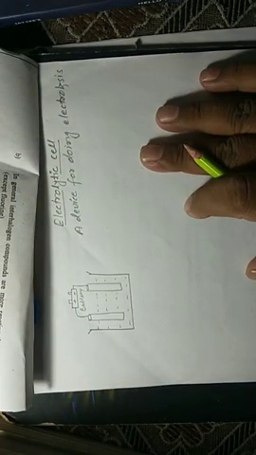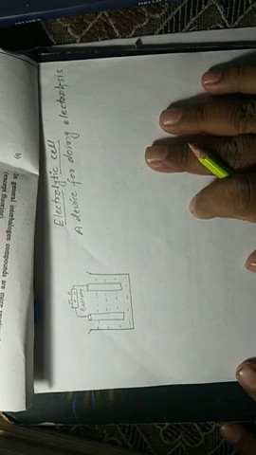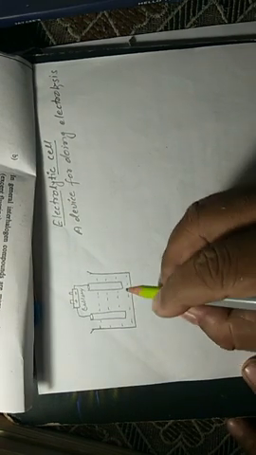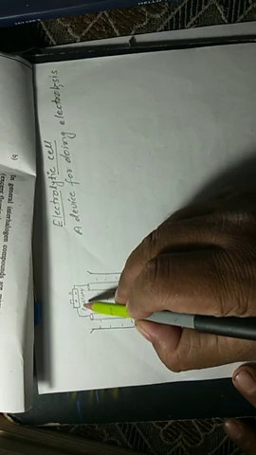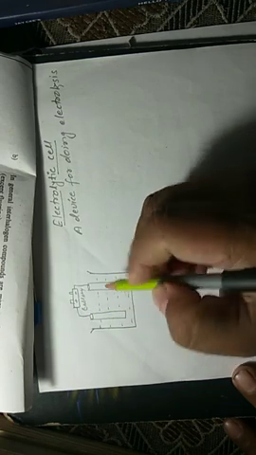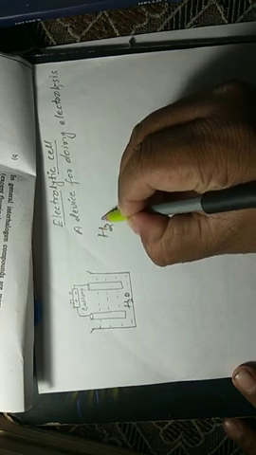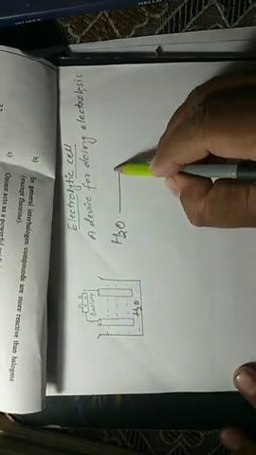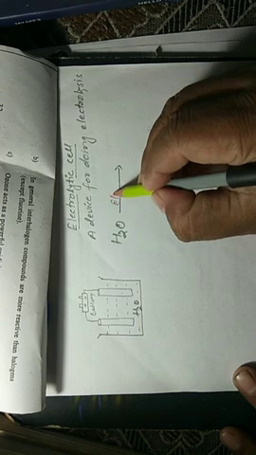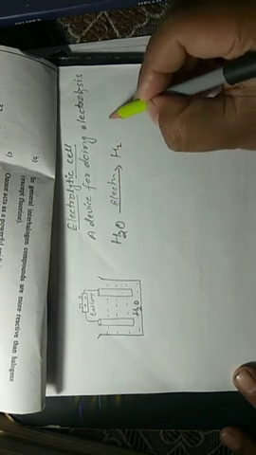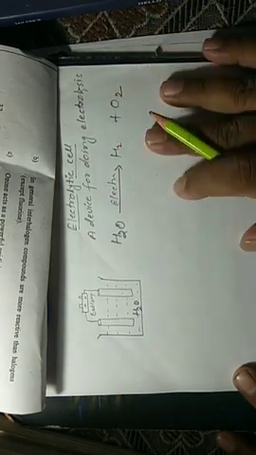That is an electrochemical cell, a device for doing electrolysis. That is battery, two electrodes, and here we use H2O. Electricity, it's H2 and O2. It's not balanced. Okay.